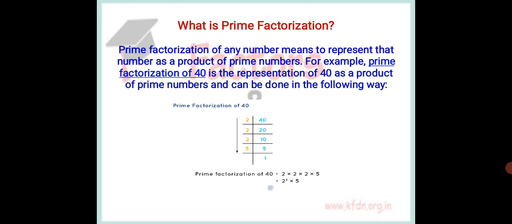Result is 40. And look at this multiplication: you will get all the numbers 2, 2, 2 and 5. All of them are prime numbers, isn't it? So multiplication of prime numbers is said to be prime factorization.